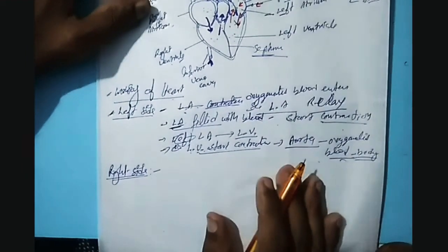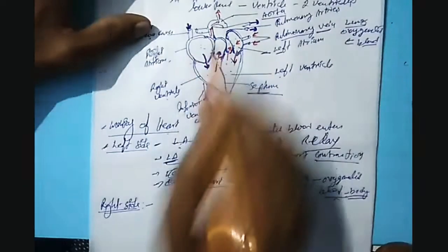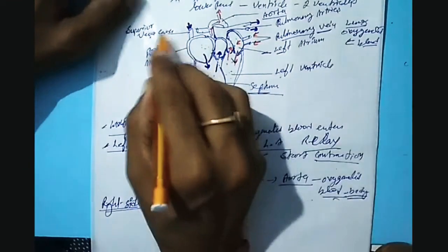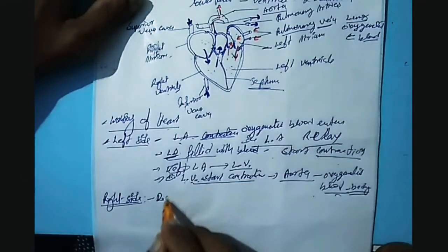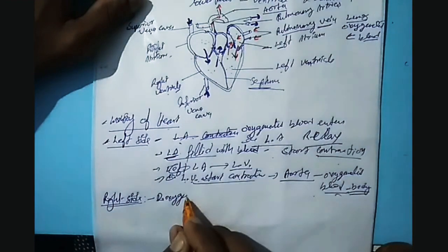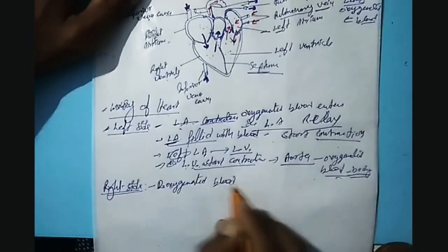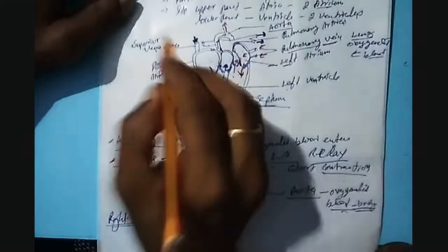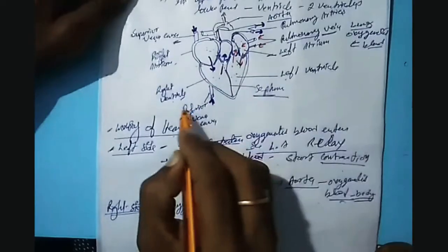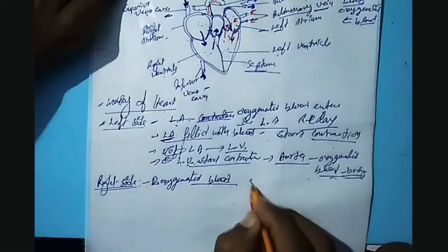In the right side, the deoxygenated blood is collected through the superior vena cava and inferior vena cava.